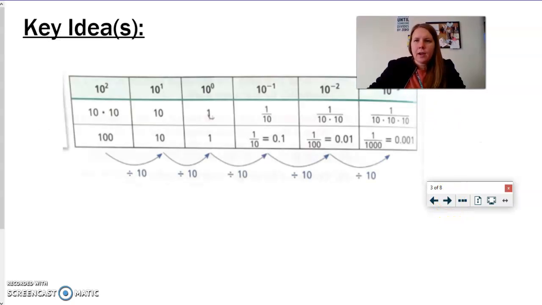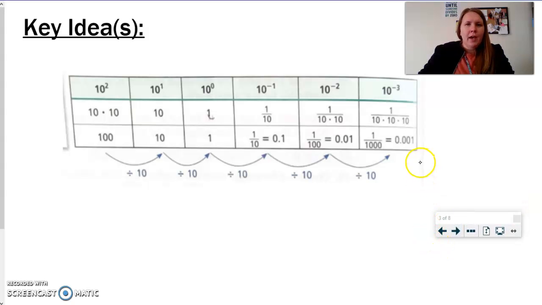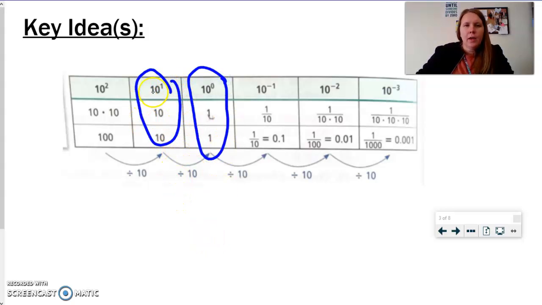So first off, talking about our exponents, one diagram they have here is something that will become a little bit more mainstream when we start talking about scientific notation. I wanted to bring our attention right to the 0 here, or even the 1 here. Anything to the power of 1 is going to be that value. So if I had 10 to the power of 1, it's just going to be 10.